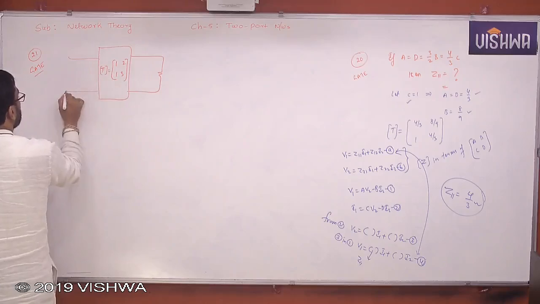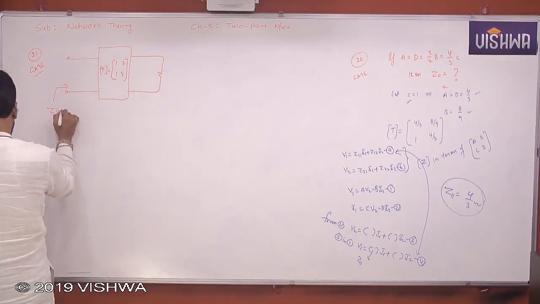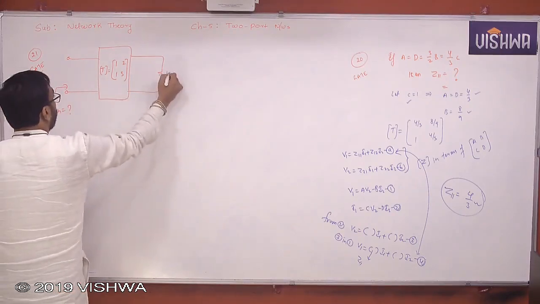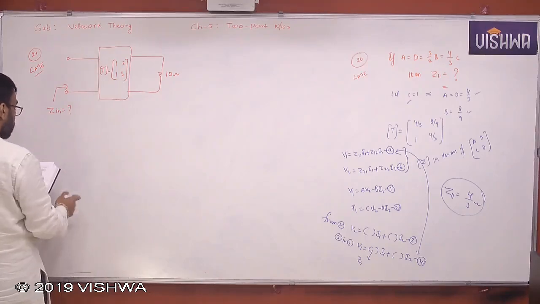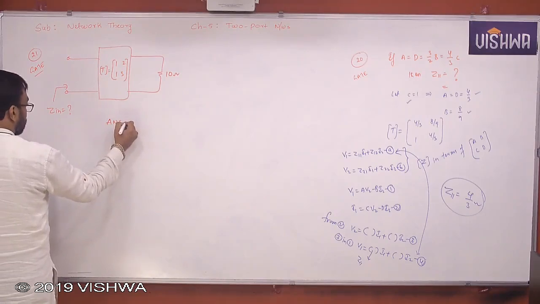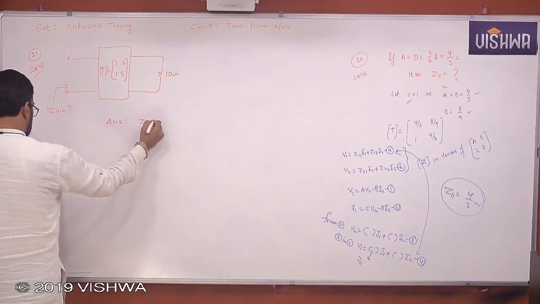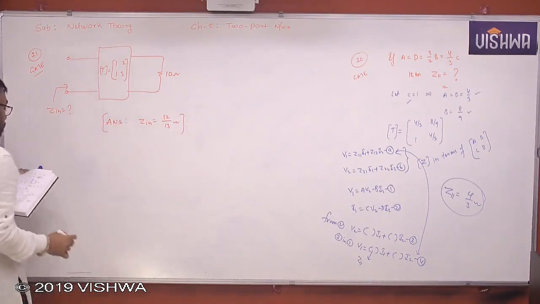It is asking what is the input impedance, Zin. So I just again give you the answer: 12 by 13 ohm. Please note this.